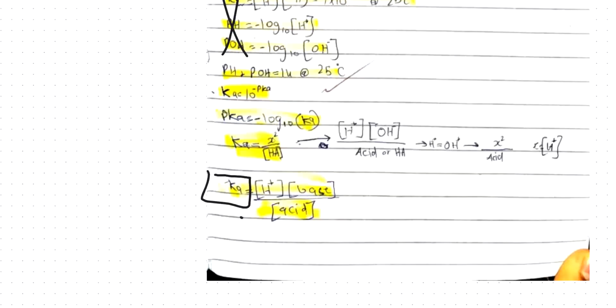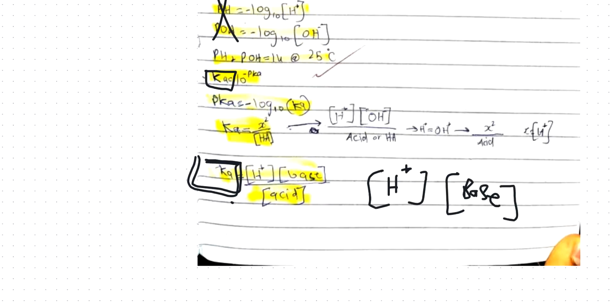And remember that Ka is right here. The equation is the concentration of H plus ions in the solution times the concentration of base over the acid concentration. You don't have to memorize this Ka, you only need to know this equation.